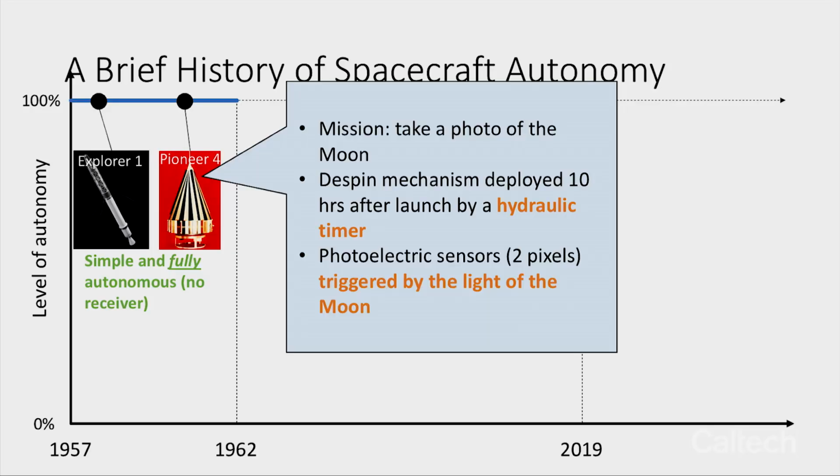Pioneer 4's mission was to take a photo of the moon. They had a timed mechanism for de-spin to control the spin of the satellites, and the photoelectric sensors were triggered by the light of the moon.